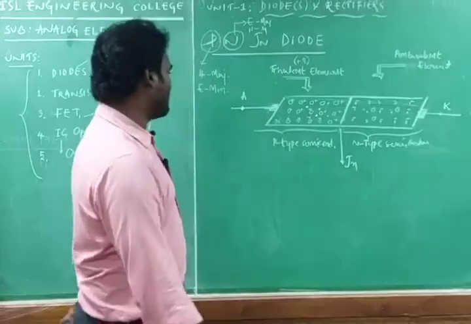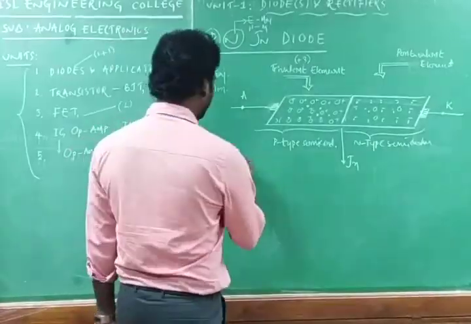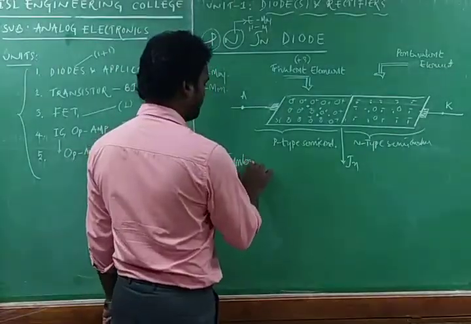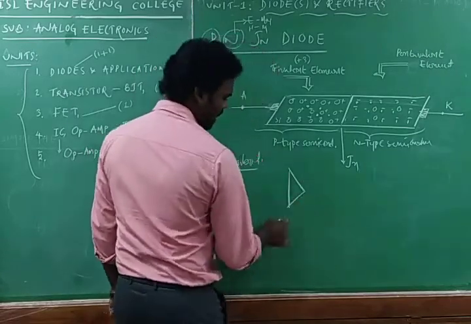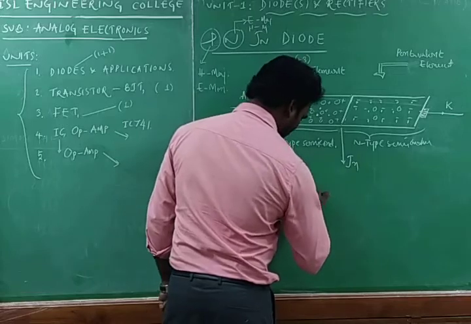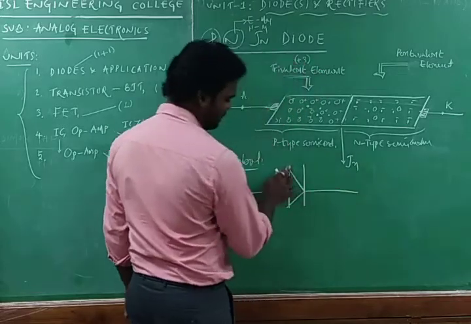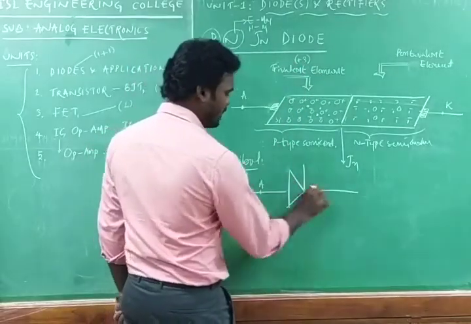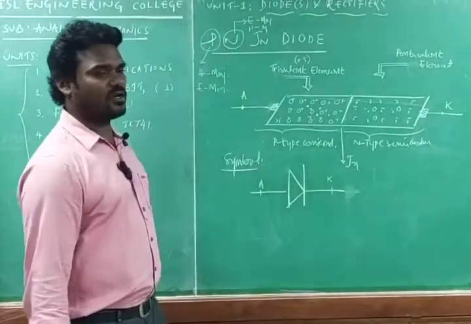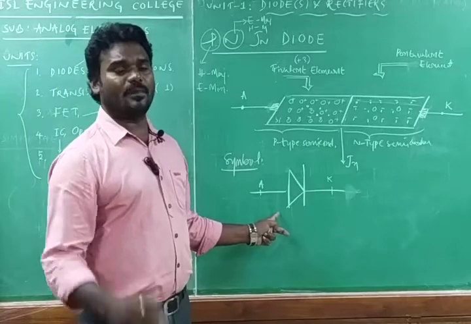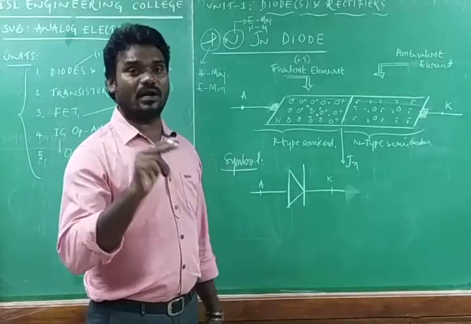The symbol of the p-n junction diode is very, very simple. This is the arrowhead, and this is a barrier, and we have the 2 electrodes. This is the anode and this one is the cathode. The p-n junction diode symbol explains that the p-n junction diode conducts current in one direction only.